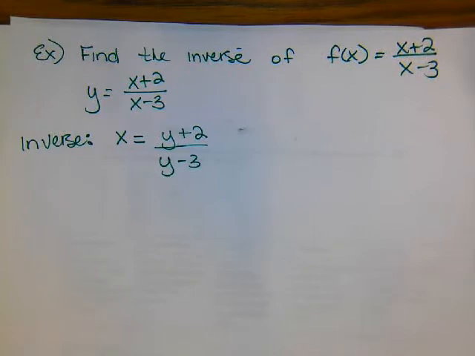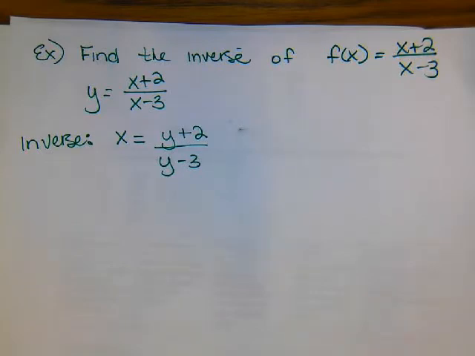Now, that's the inverse equation, but what do I have to do? Solve for y. And the most difficult part of this is solving for y, because now I have an equation that is the inverse equation. But to solve for y, in order to get something I could possibly graph, that's a little more tricky.